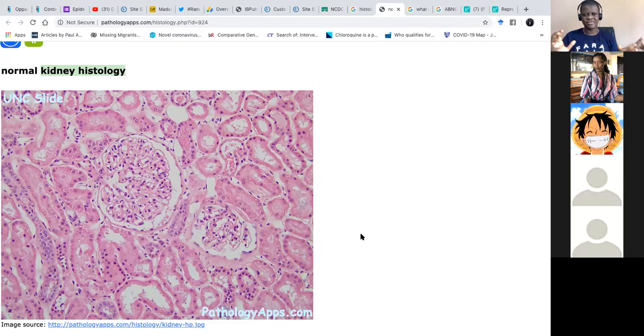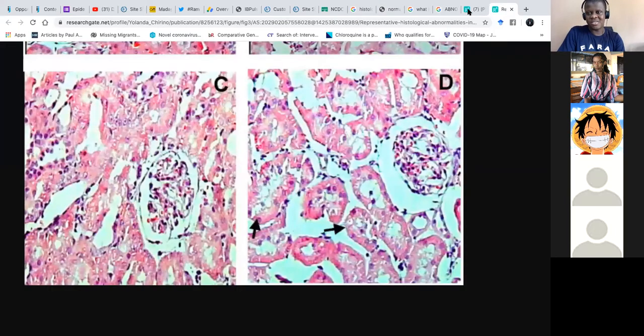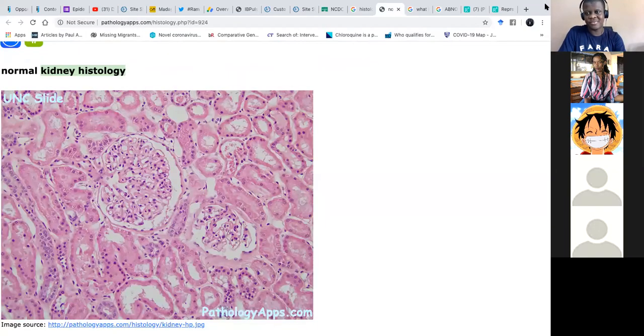Without being scientific, without being too specific, what are the obvious differences that you can see between this and this? Anybody? Adesua, what can you say?